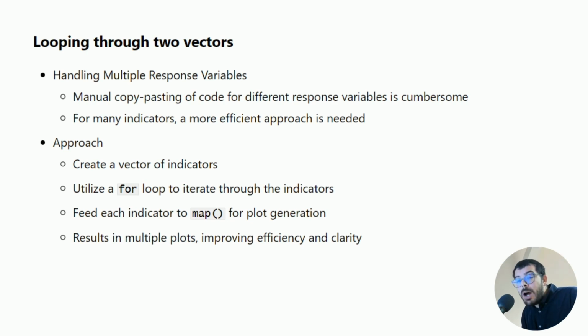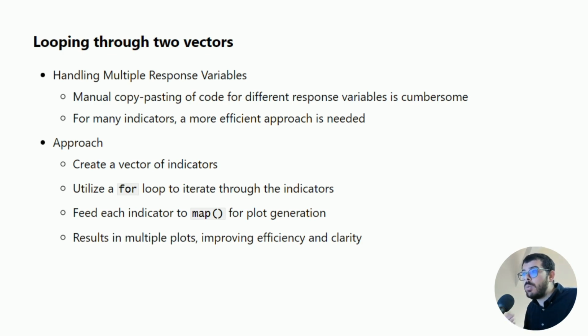This might become cumbersome because if you have, for example, 10 indicators, you will have to write the same lines over and over where you get the data for the regions or the districts and then pass the map function and specify what kind of indicator. And if you have 10, 20 indicators, then it becomes quite a repetitive task, and it's the automating ggplot lesson, so we need to automate that as well.